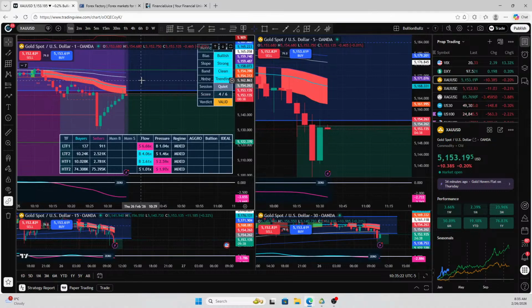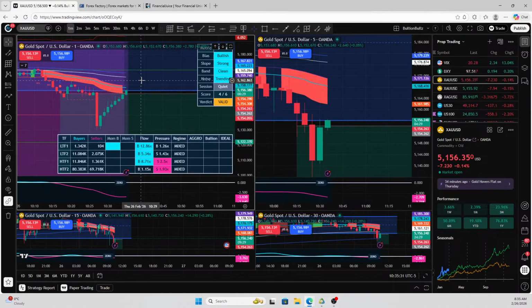We want to see an inverted hammer candle, and then that would be used to plan an entry.